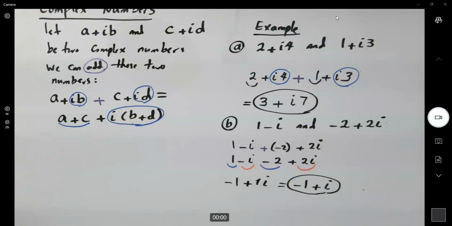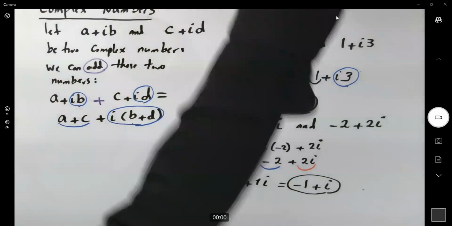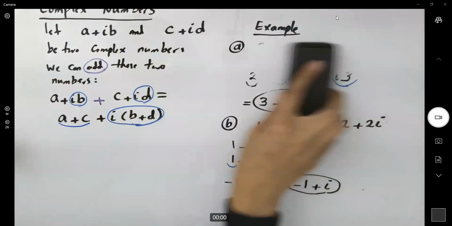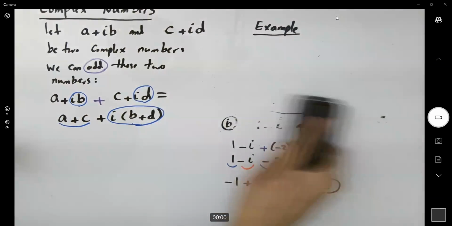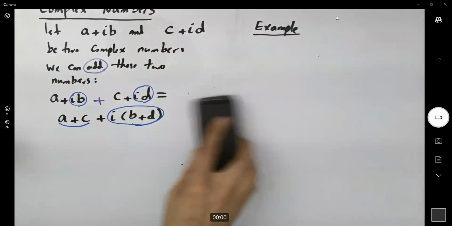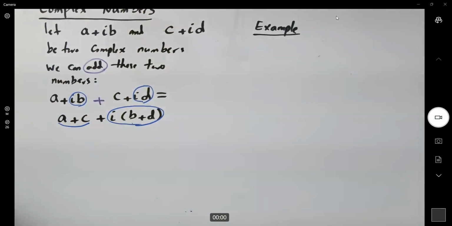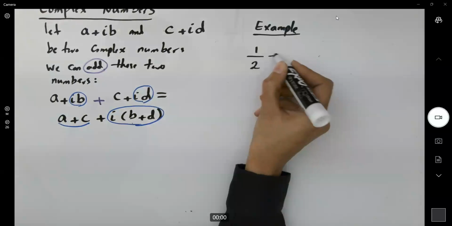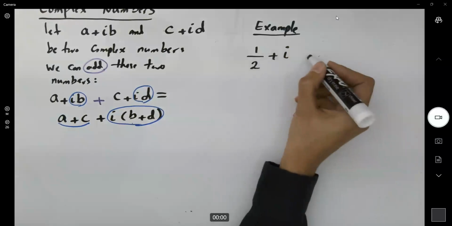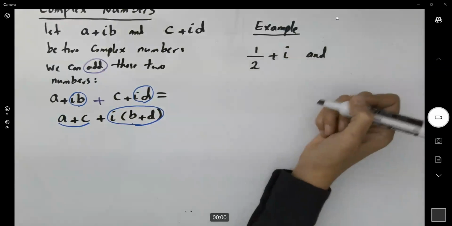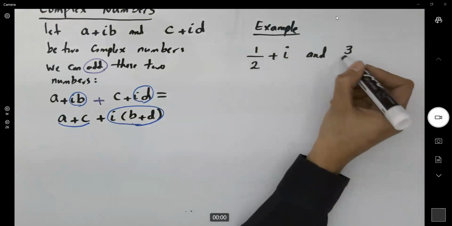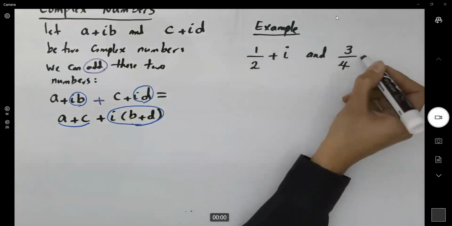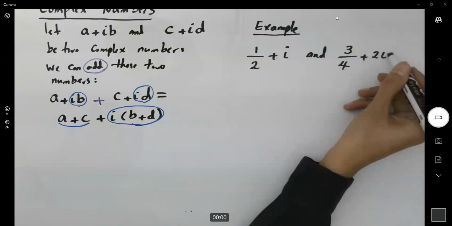Very good. So let us make it more interesting. Suppose now I give you fractions involved. Why not? Fractions are an important part of math. Suppose I have a half plus I, and I have 3/4 plus 2I.